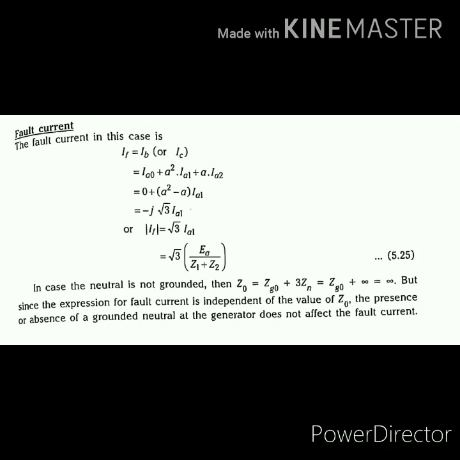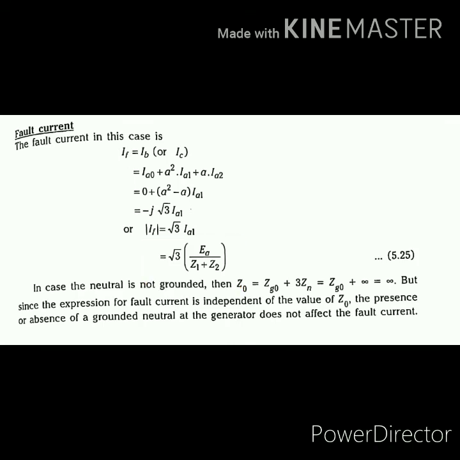So this is equal to minus j root 3 into IA1. We are neglecting the imaginary term, so the magnitude of IF is taken. So we get root 3 times IA1, only the real part. So root 3 into, again, IA1 is EA by Z1 plus Z2. So this is the fault current.